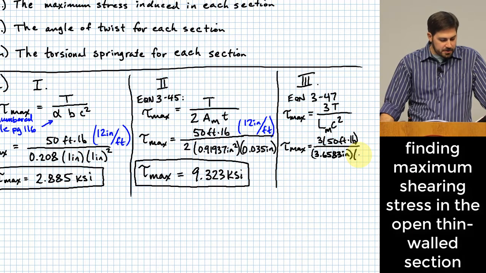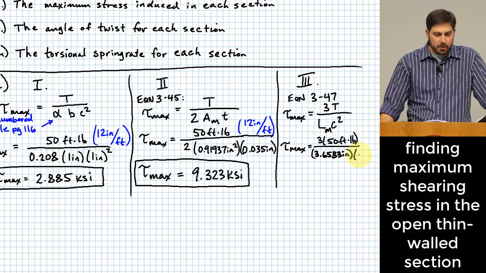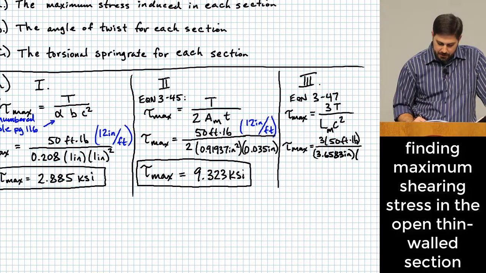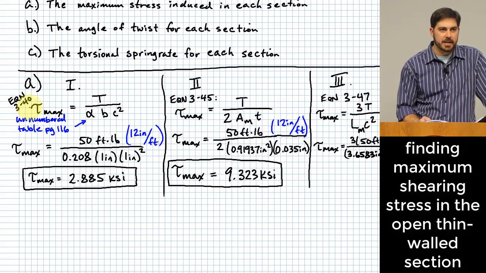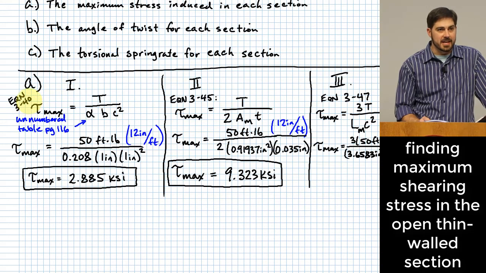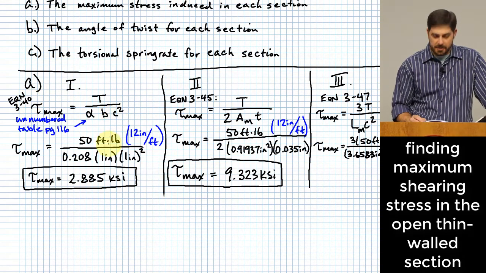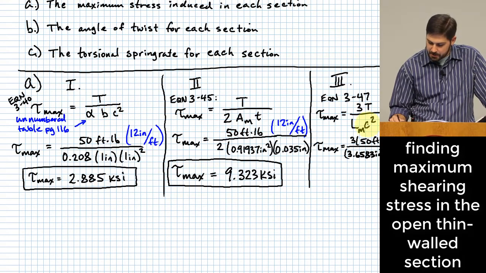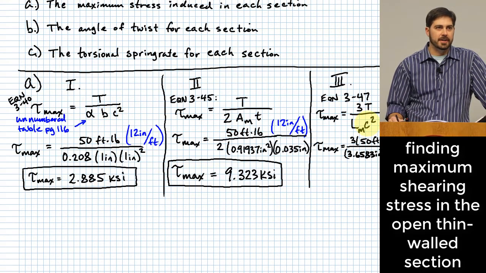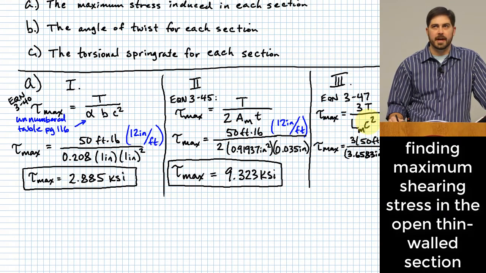The reason that they are using C is that this equation comes out of the equation that we had over here for the rectangular cross-section. And C, remember, was the smaller of the lengths, right? So this C is actually consistent with this C over here, right? If you think of the roots of where that equation came from.